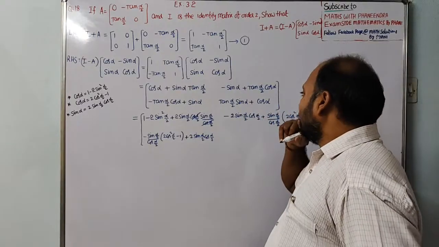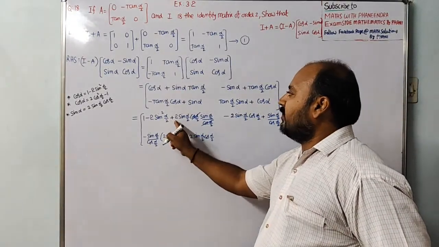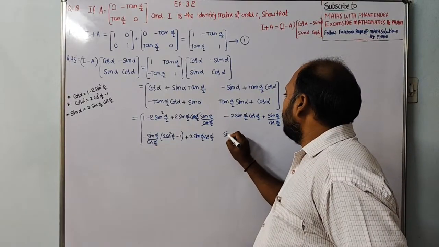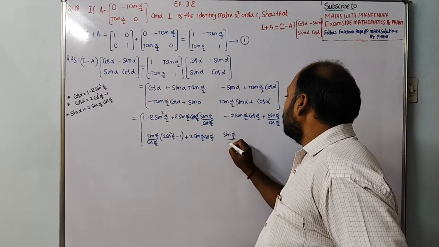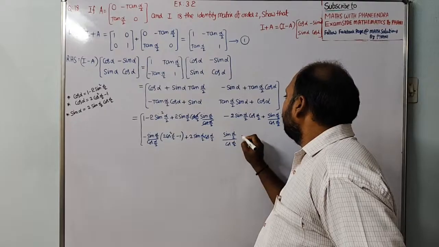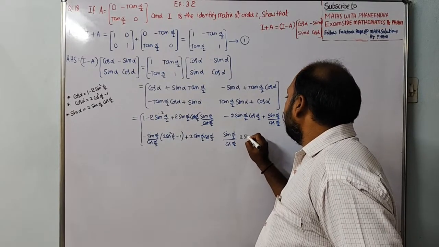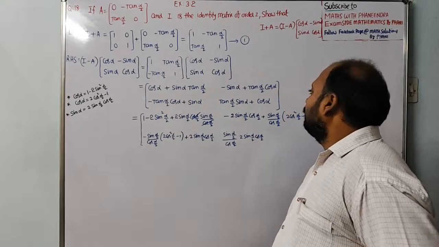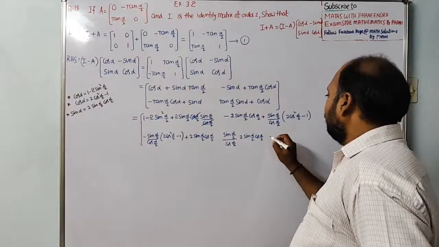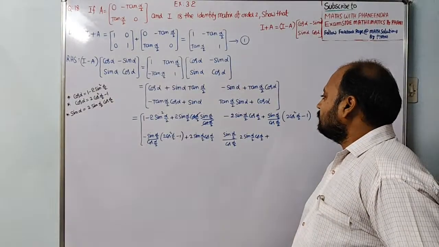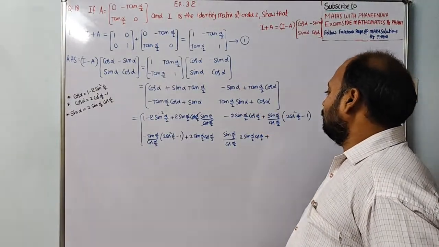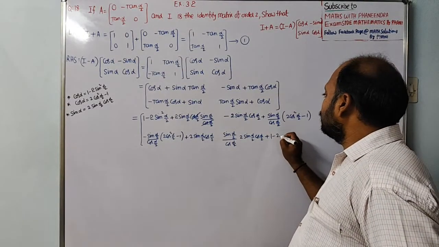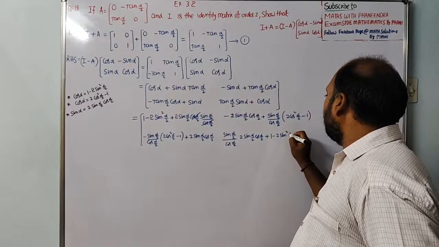Next, tan alpha by 2 means sin alpha by 2 by cos alpha by 2, so 2 sin alpha by 2 cos alpha by 2. Here plus cos alpha, in terms of sine, 1 minus 2 sin square alpha by 2.